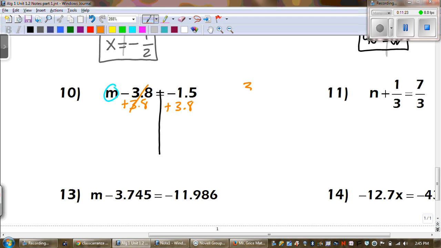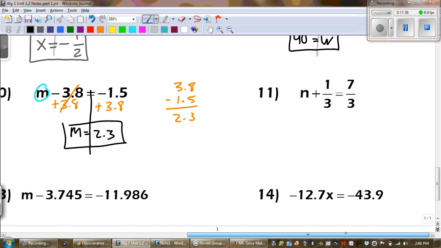Okay, off to the side. If you have trouble with that, you can do it by hand. Subtract the two numbers, and we get 2.3. So m equals 2.3.